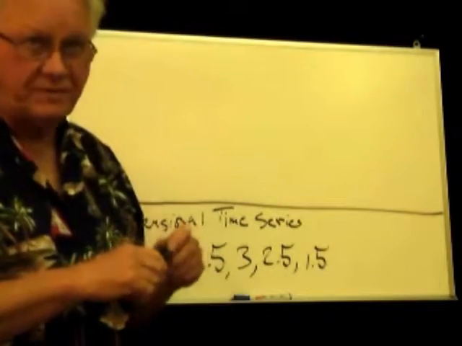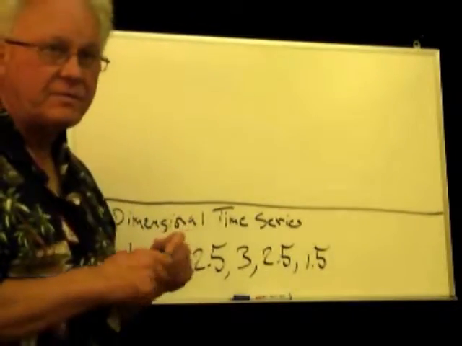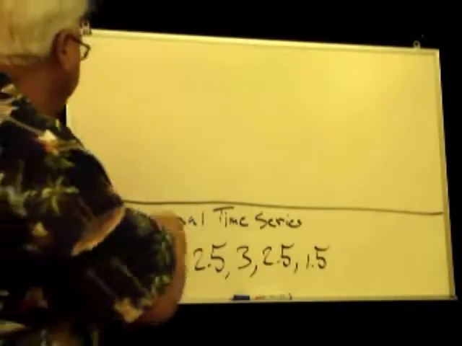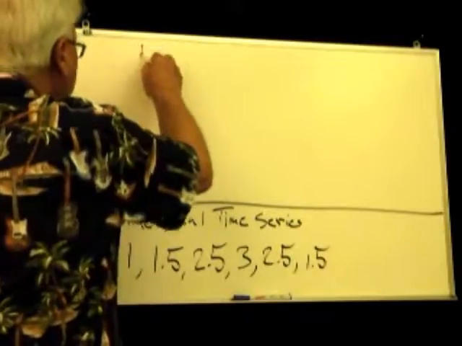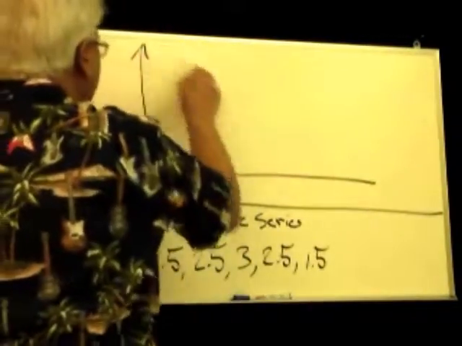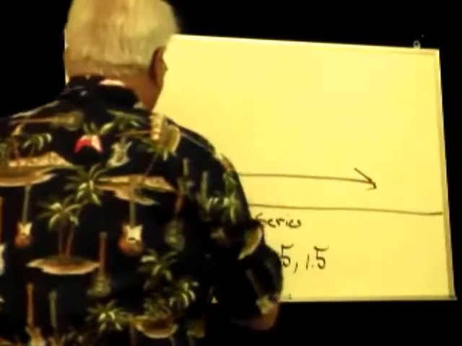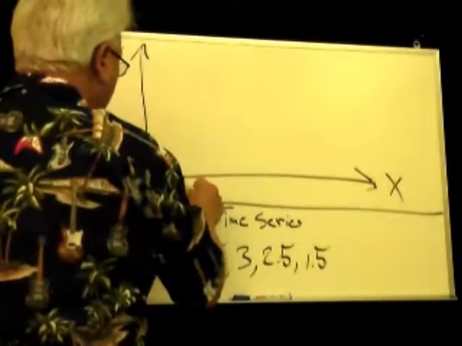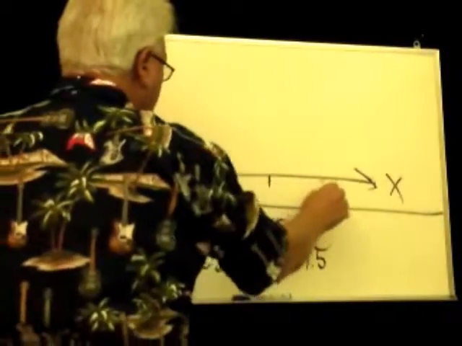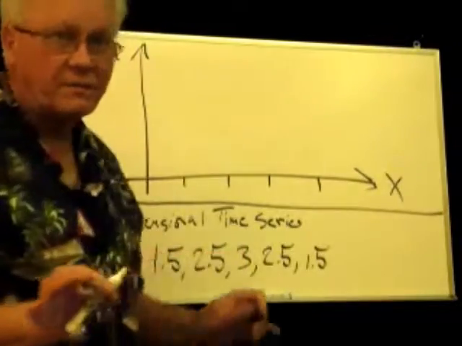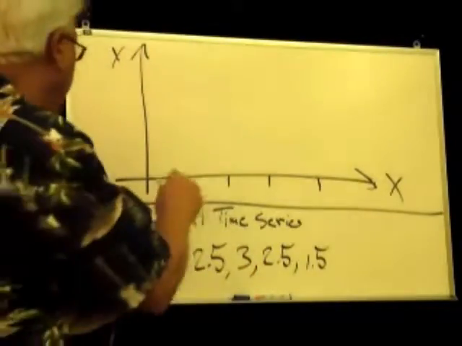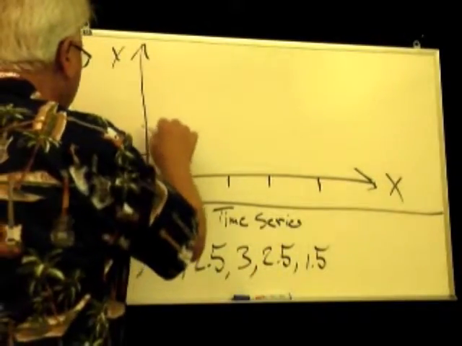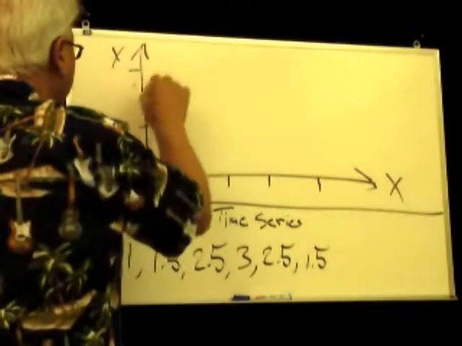I'm going to plot them in the XY plane. So here's X and Y. This is X, this is Y. I'm going to have 1, 2, 3, 4, which covers that set of numbers, and up here too, 1, 2, 3, 4.